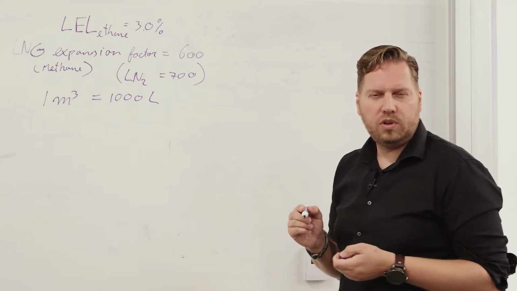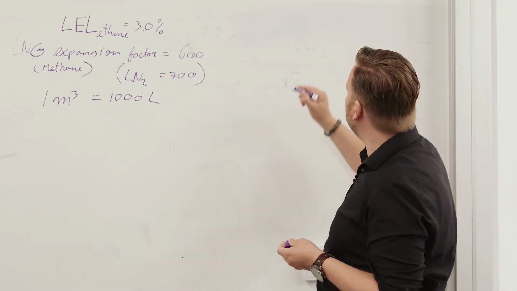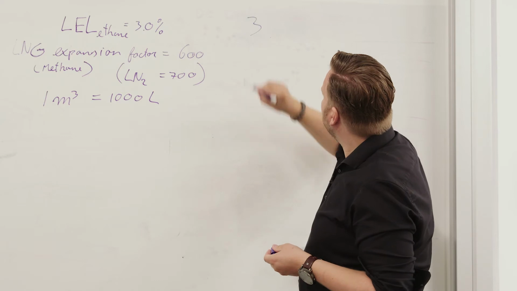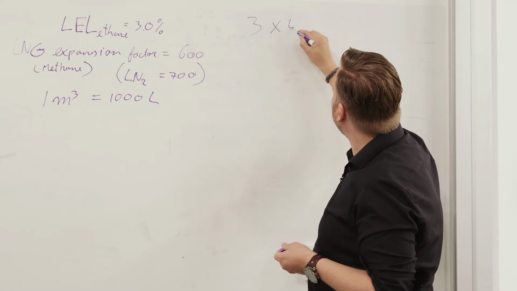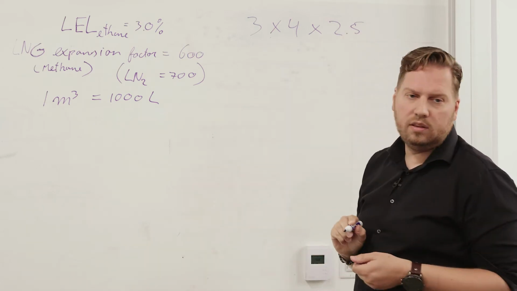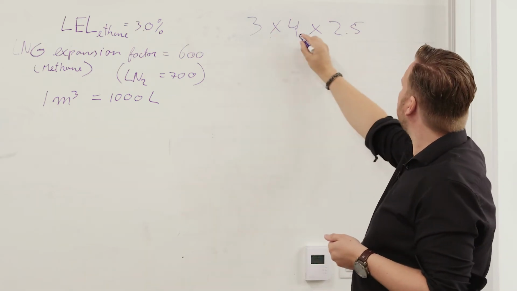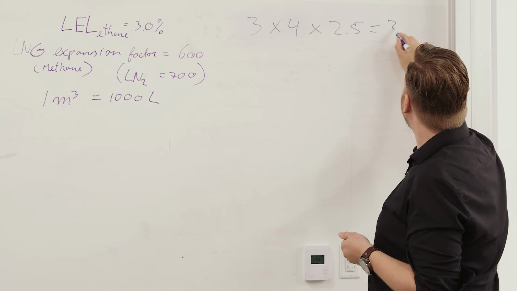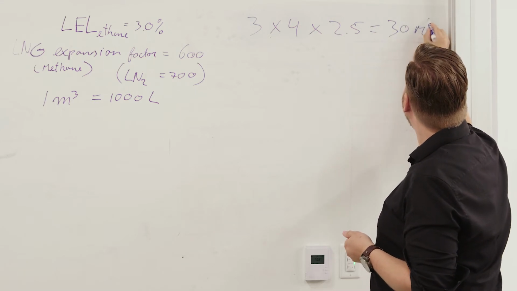So most vitrification equipment is in a room the size of, let's say, 3 meters by 4 meters by 2.5 meters high. And this would be a volume of 3 times 4 times 2.5, which is 30 cubic meters.